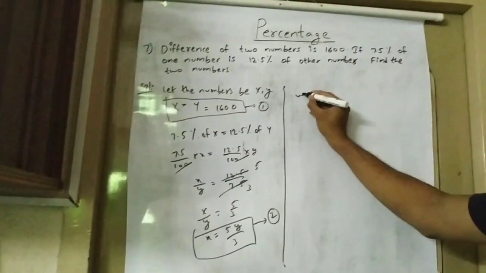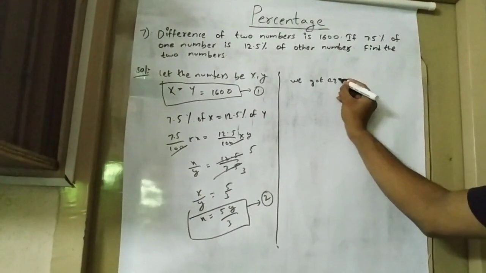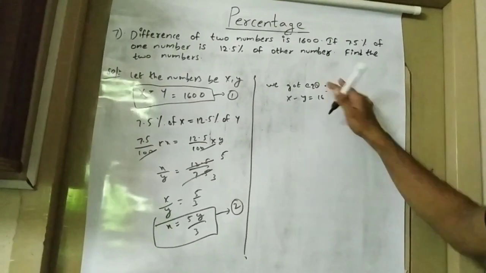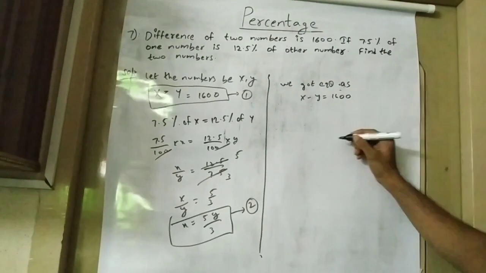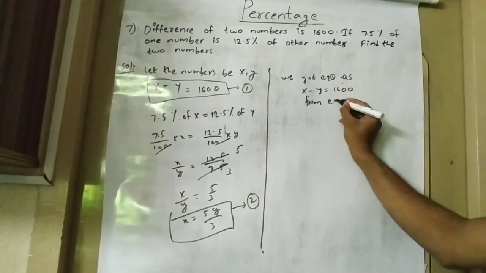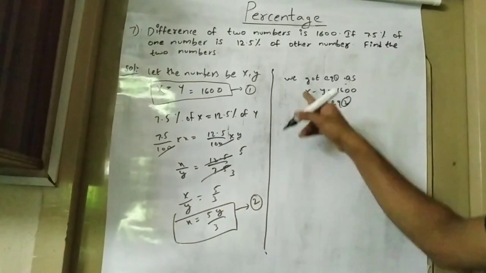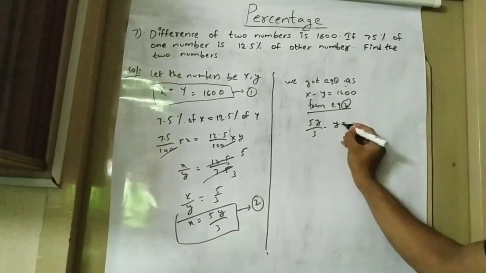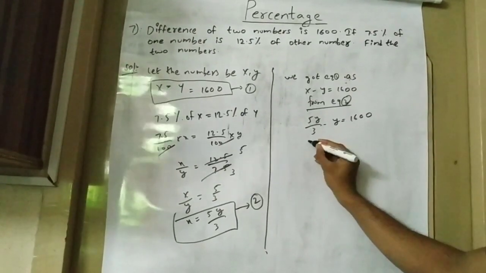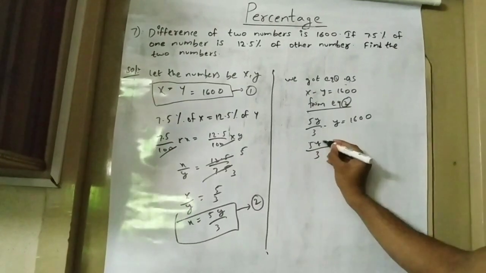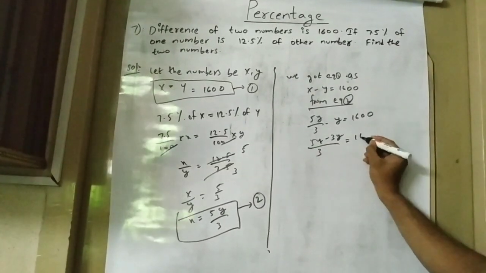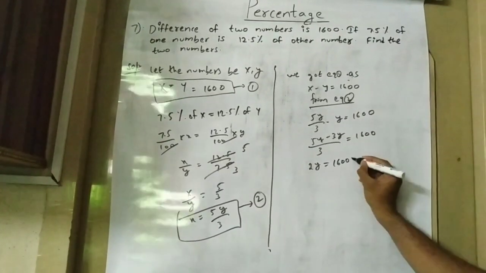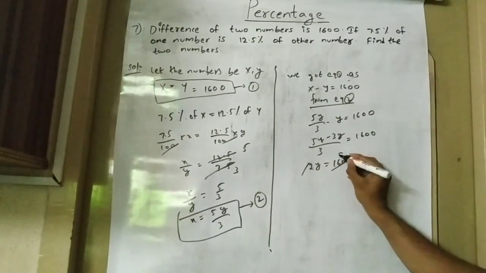So we got equation 1 as x minus y is equal to 1600. From equation 2, x is equal to 5y by 3. So 5y by 3 minus y is equal to 1600. So take 3 as LCM. 5y minus 3y is equal to 1600 into 3. So 2y is equal to 1600 into 3, 2 800s.